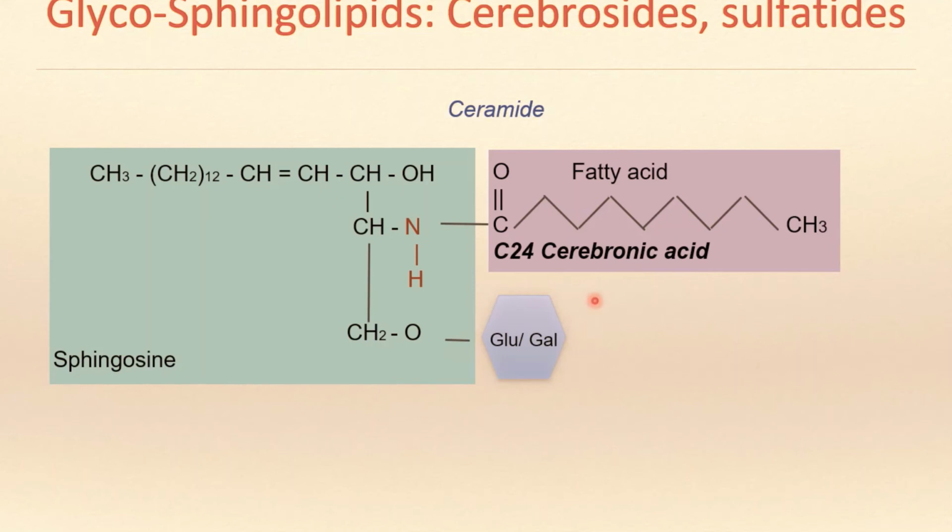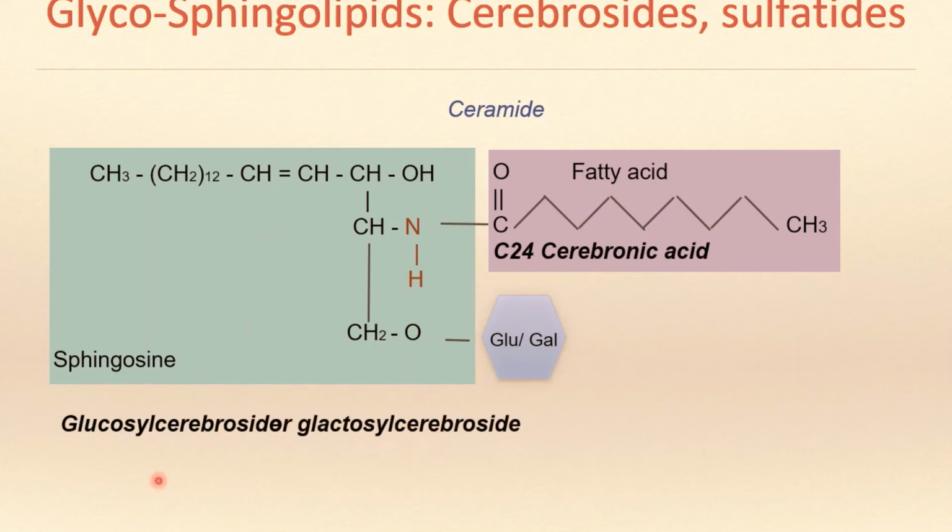And by the CDP glucose transferase or galactose transferase, this glucose or galactose will be incorporated into the ceramide to form the glucosyl or galactosyl ceramides. Now these are known as the cerebrosides.